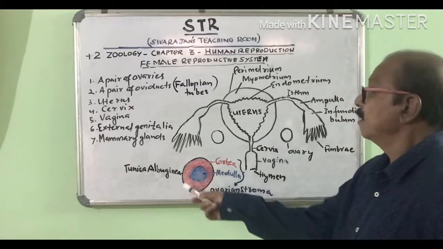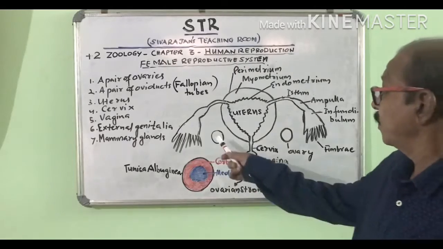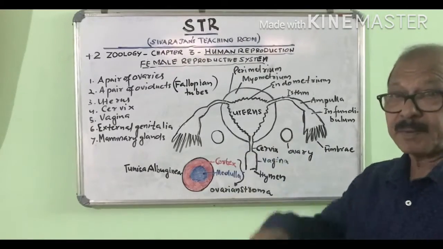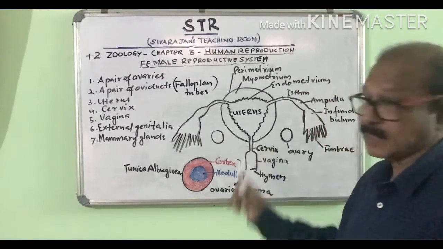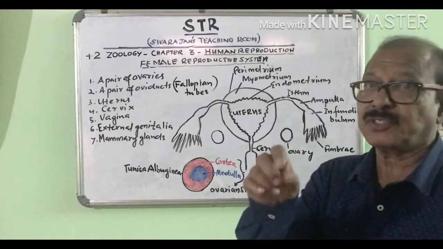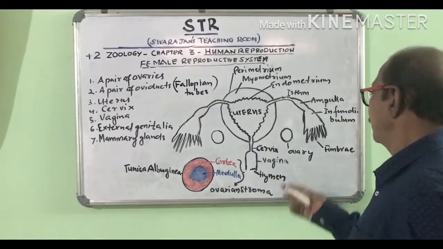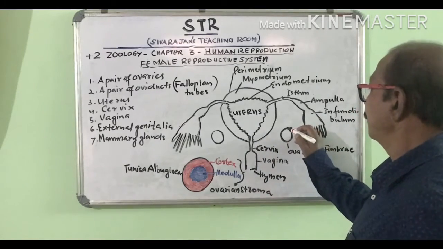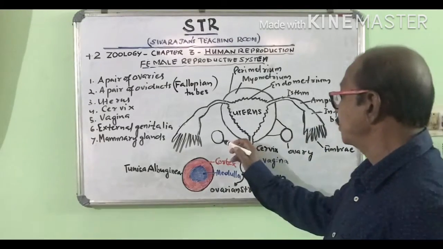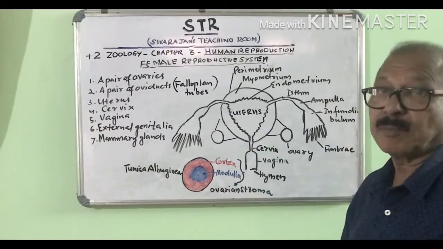Now we'll see the ovaries. The ovaries are a pair. They are seen in the lower abdomen on either side of the uterus, and they are held in position by ligaments which are connected to the walls of the uterus and also to the body wall.